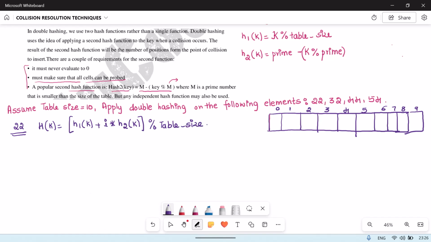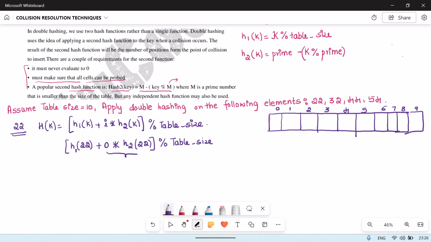So it is h of 22 plus i, where i will start at 0, 1, 2, 3. Initially i will be 0. So i times h2 of 22, this is h1 of 22, then h2 of 22, mod table_size.